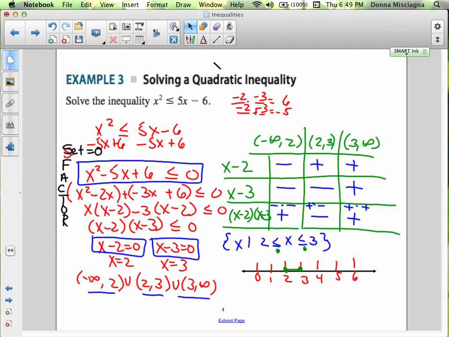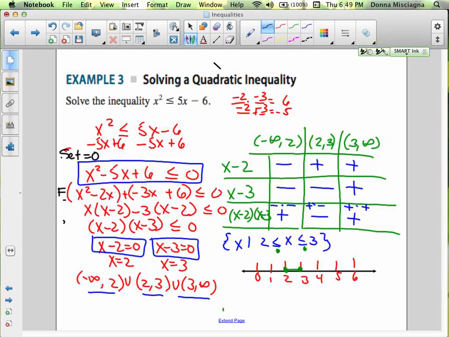Oops, I hate when it gets stuck. All right, then we factored. And then we created our sign chart.